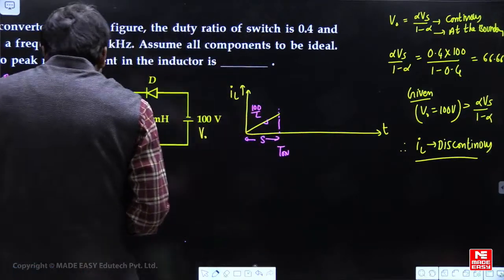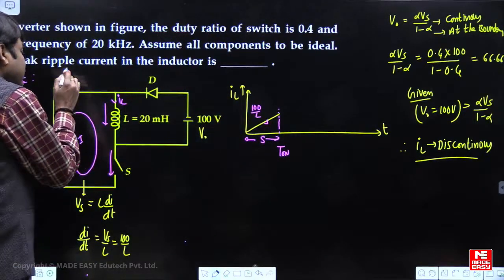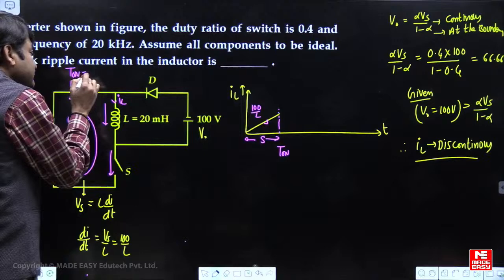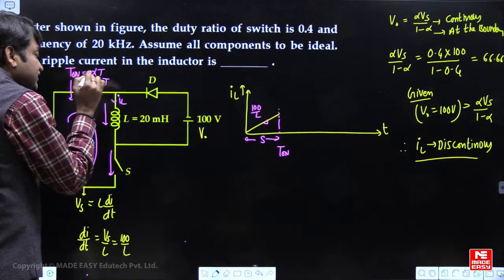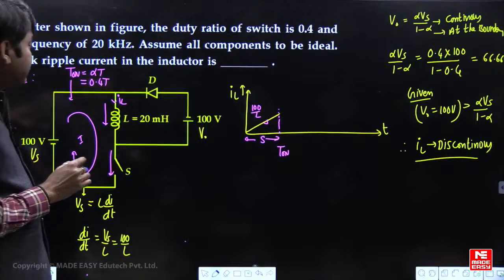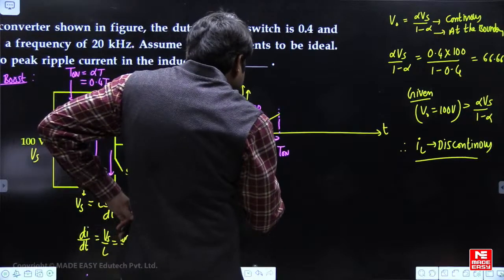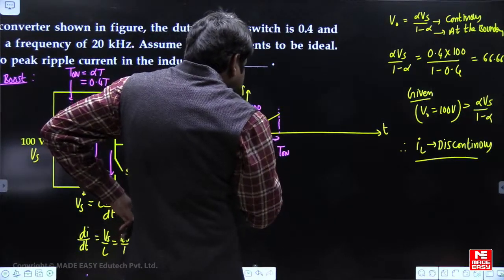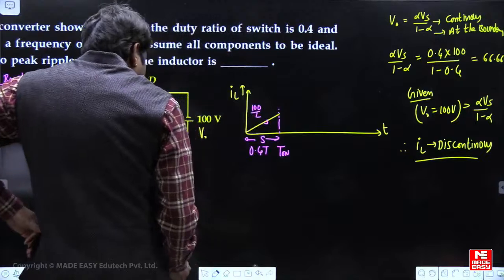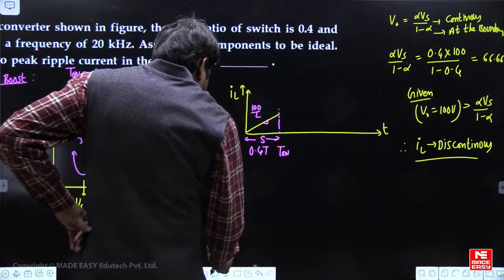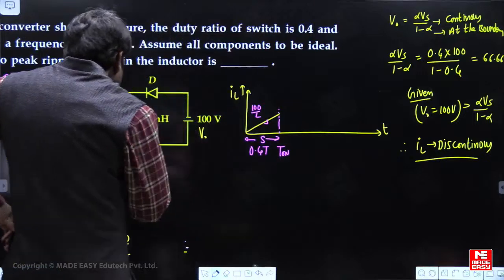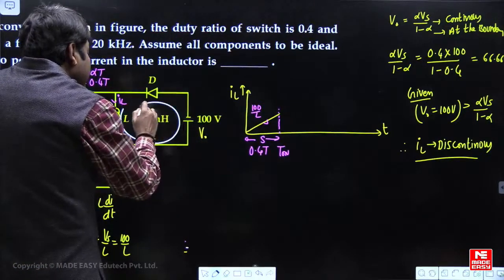How do you find turn on time of the switch here? In the first mode, turn on time of the switch is alpha into time period. Alpha is 40%, that means the switch is in the on state for 40% of the cycle. When you disconnect the switch, in the second mode, inductive current freewheels through the diode.